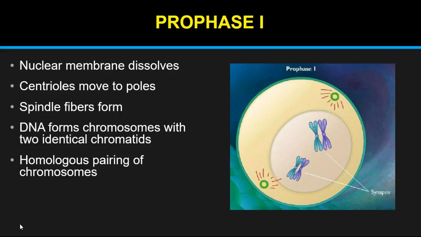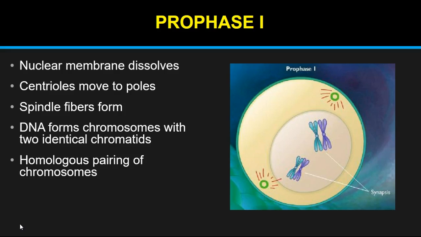And this is where we also see homologous pairing of chromosomes. Now, homologous pairs, if you'll recall, these are pairs of chromosomes that have the same genes, and they're similar in size, and they're similar in shape. So in this picture, we see two sets of homologous pairs.